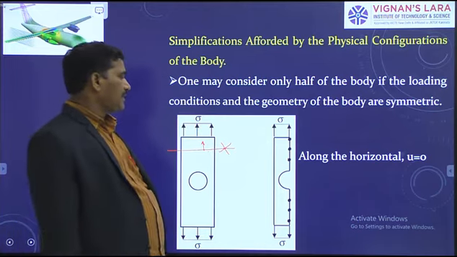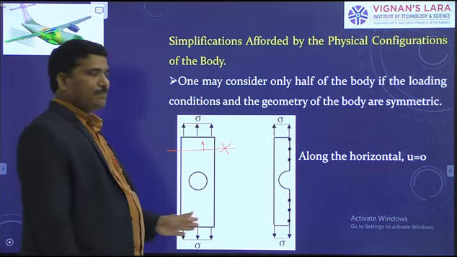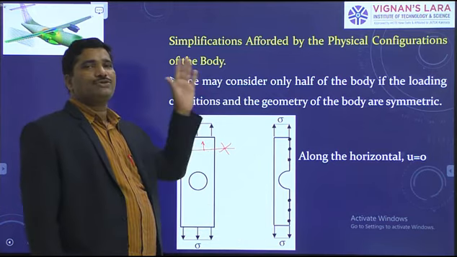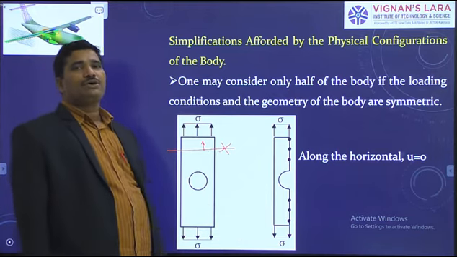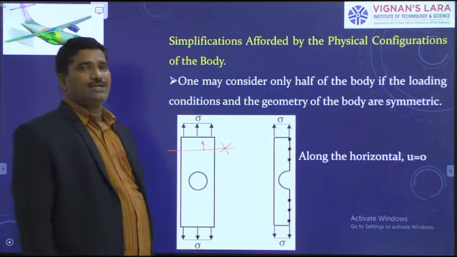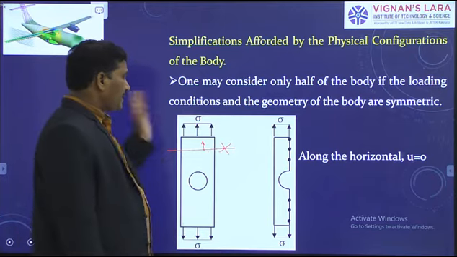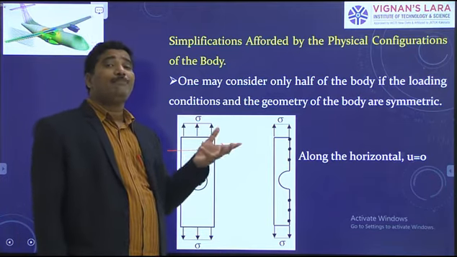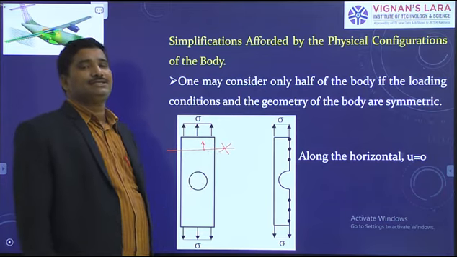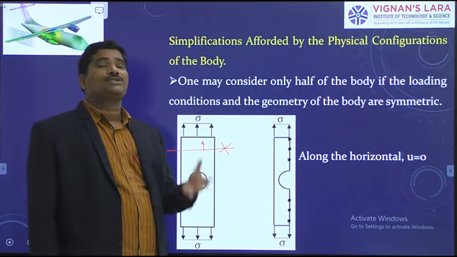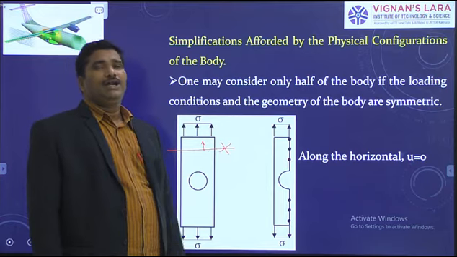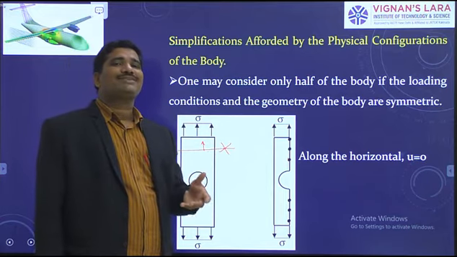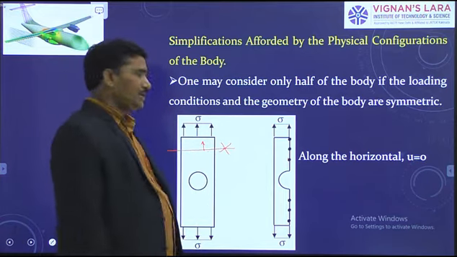That is the reason why, instead of taking the entire plate, you can take half the plate as shown and solve the problem by finite element method. So instead of taking the entire domain, if you take half the domain, the number of finite elements decreases. Therefore, the computation time also decreases, and you can get the solution at a faster rate. Right?